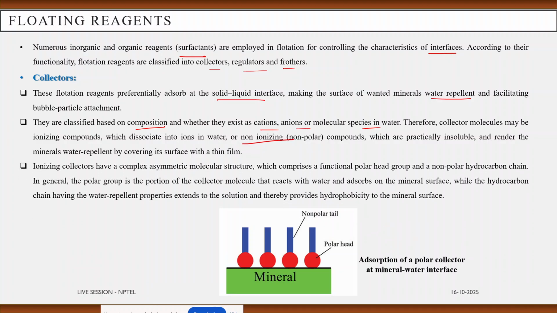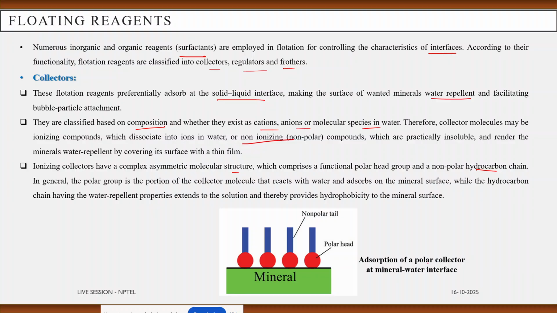Ionizing collectors have a very complex asymmetric molecular structure which comprises a functional polar head group and a non-polar hydrocarbon chain.